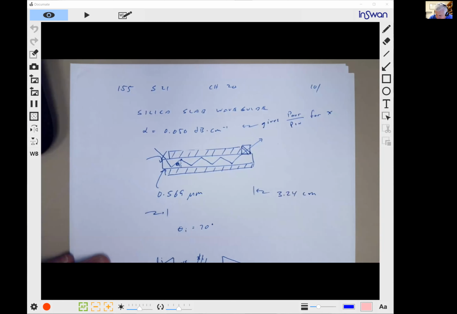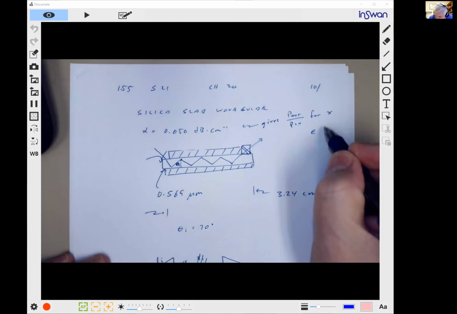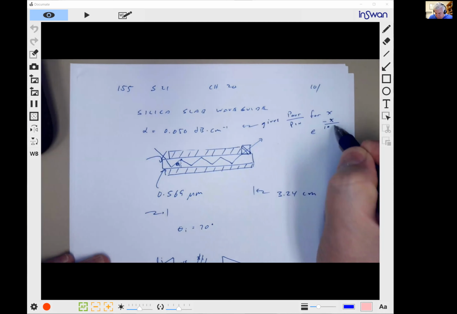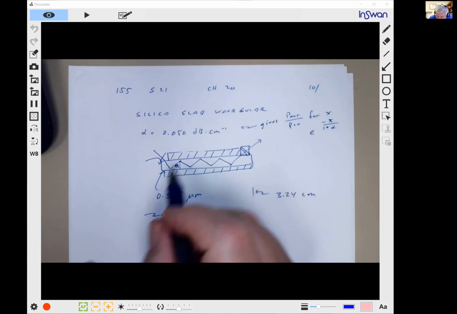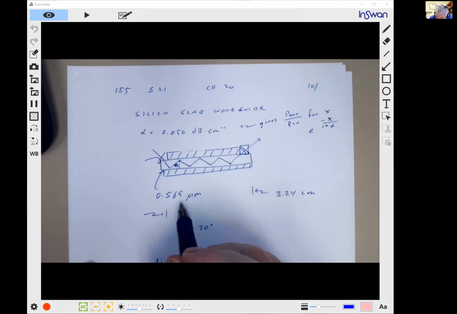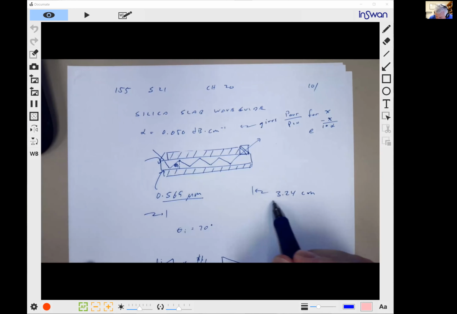For a distance x, that's e to the minus x over 10 alpha. But you also have to contend with the thickness and the length.